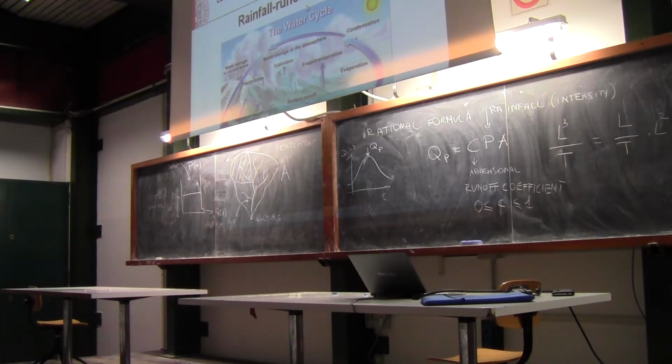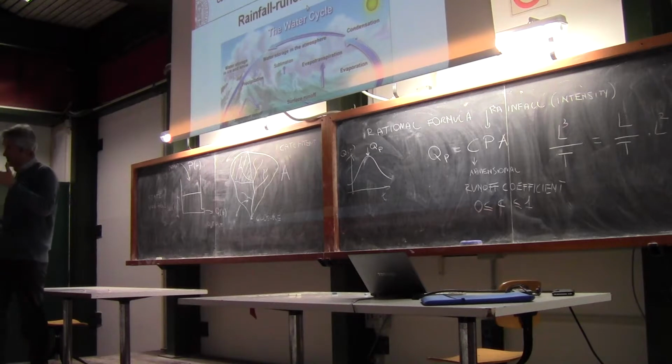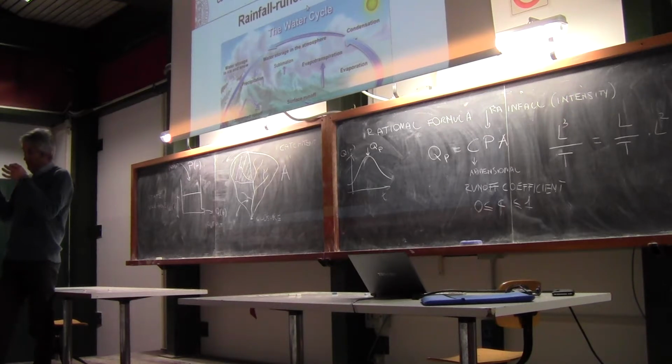Okay, so one last thing that I would like to say about this model, about the rational formula, is that it can be proved that the critical rainfall, meaning the rainfall that induces for a given catchment the worst conditions in terms of flooding, has a well-defined duration.